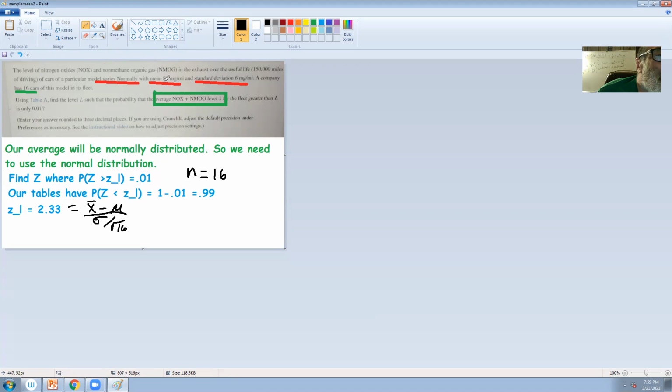Now, remember our mu is right up here. Our mu is 85, and our sigma is 6.